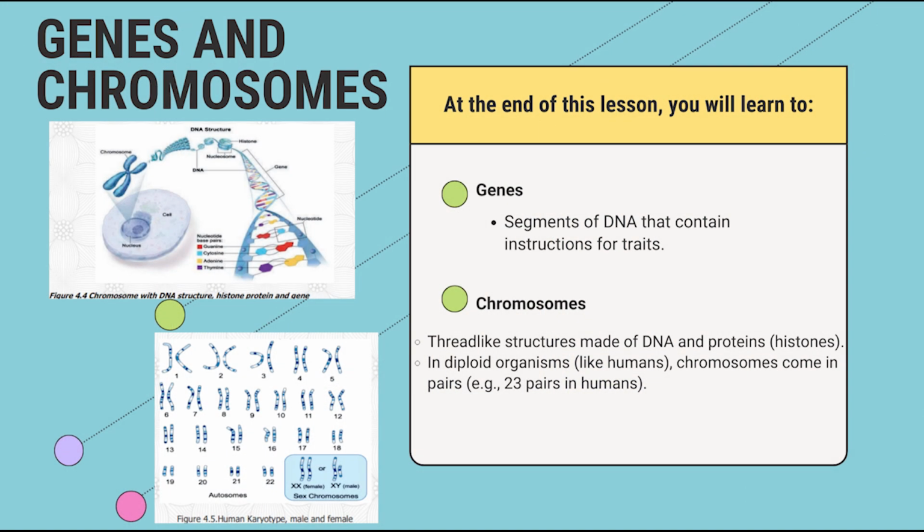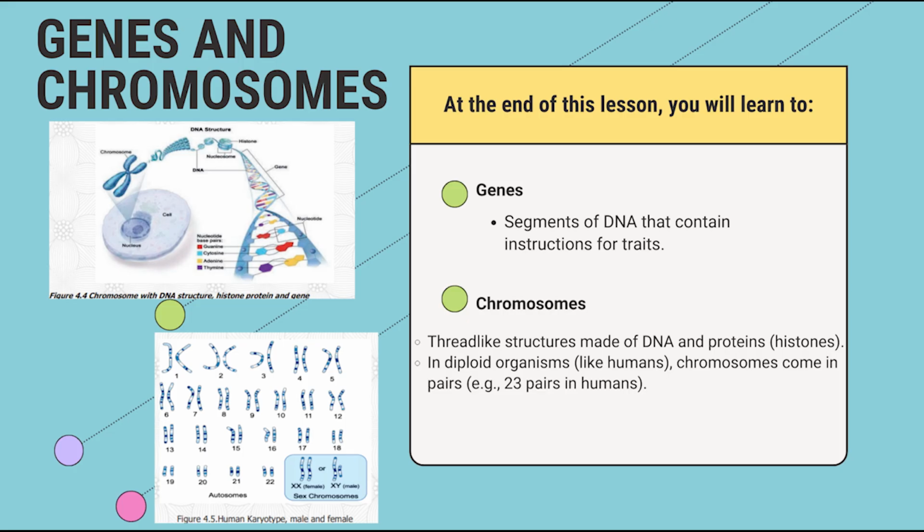Genes are segments of DNA that contain instructions for making proteins, and they determine our traits. These genes are organized into chromosomes. These chromosomes are thread-like structures made of DNA and proteins called histones.